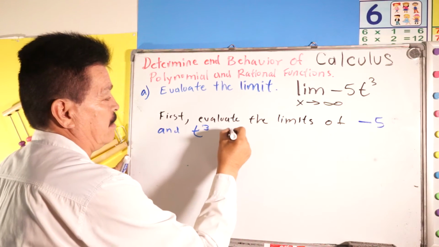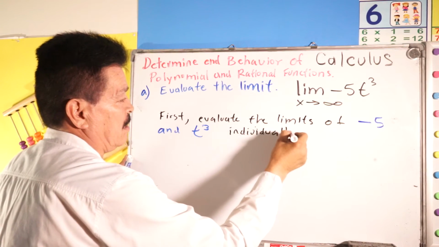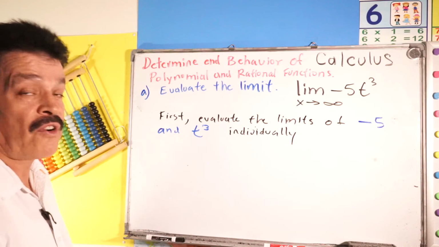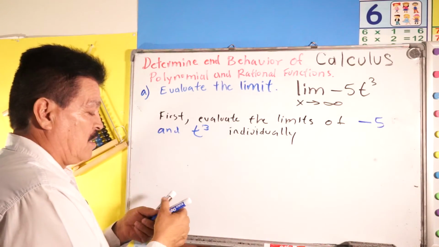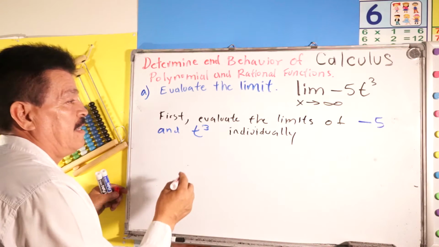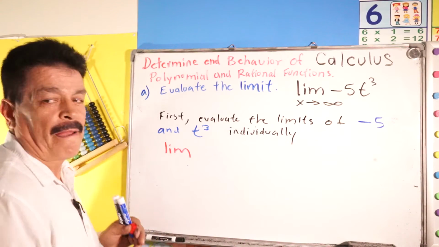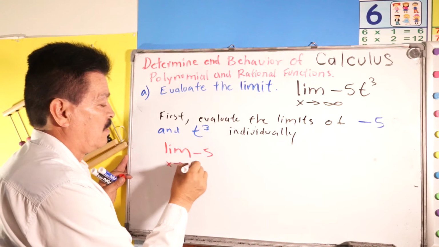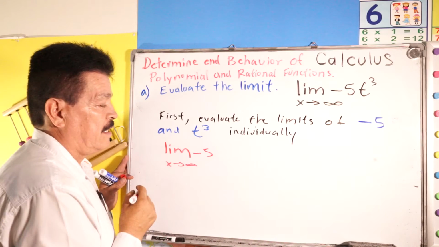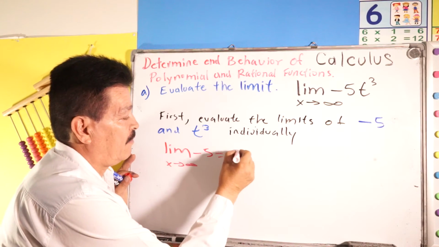The limit of negative 5 when x approaches infinity equals negative 5.